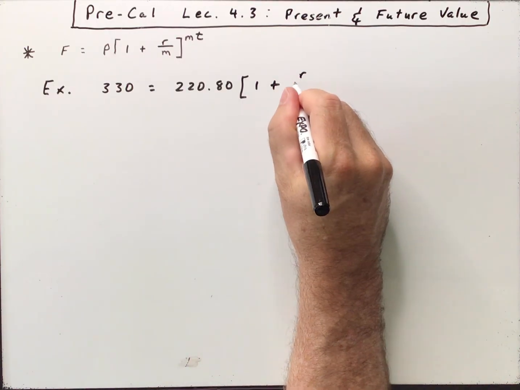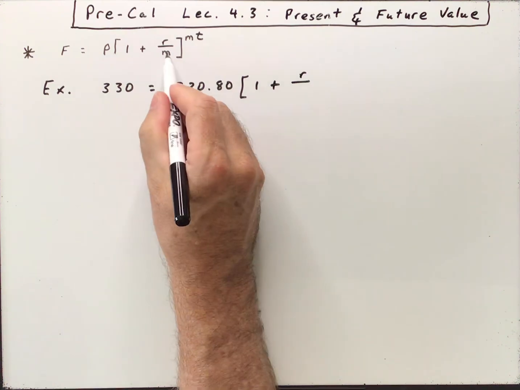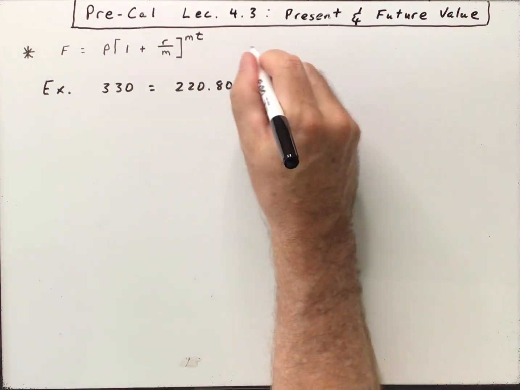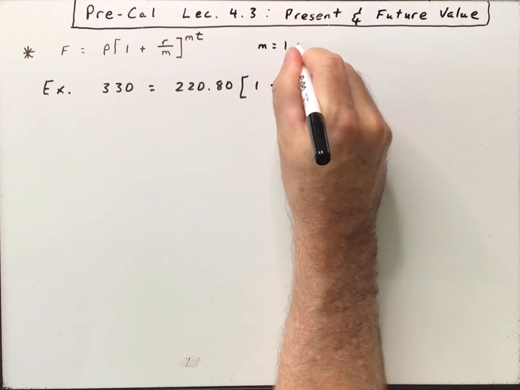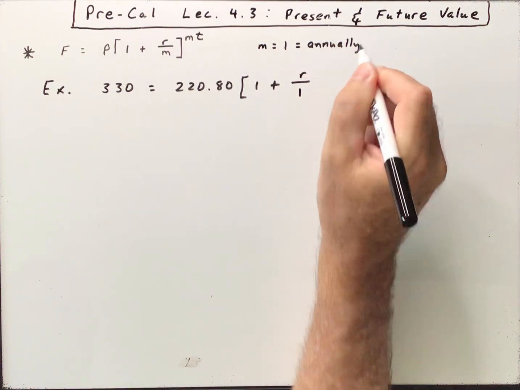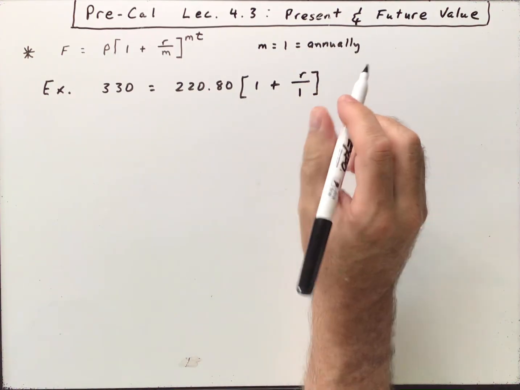Okay, we don't know R. It's compounded annually. That means once a year. So M is just 1. All right? That's annually. So just once a year. That's a lot of times what we think of when we're calculating interest rates.